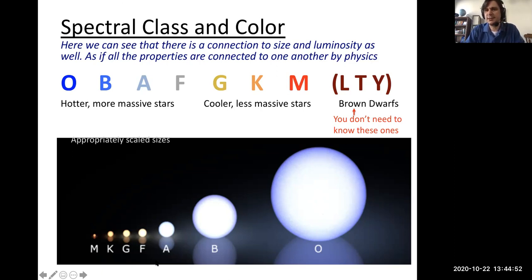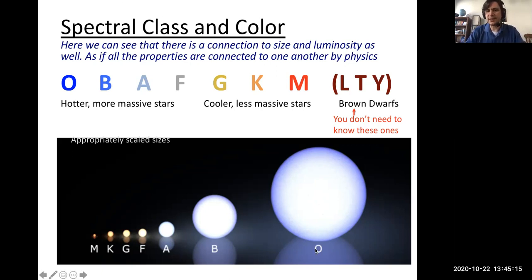So we can connect the temperature to color. We can see the O stars are big and bright. Let's go with the bright part first. So these are the most luminous, these are the least luminous. O stars are the biggest, both in size, so diameter or radius is how we really talk about the size of stars, and in mass.